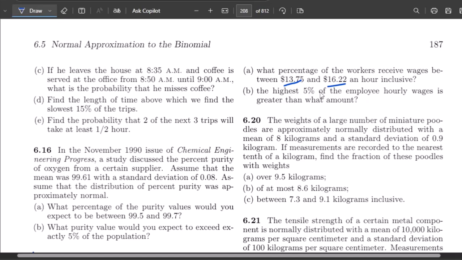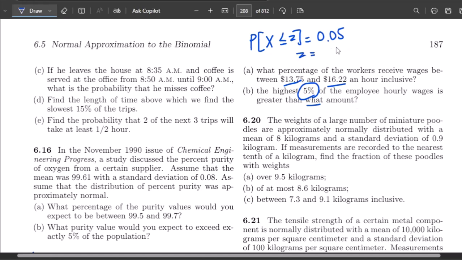The highest 5% of the employees' hourly wages is greater than what amount? Here the probability is given: the probability that x is less than or equal to the value is 0.05, which is 5%.